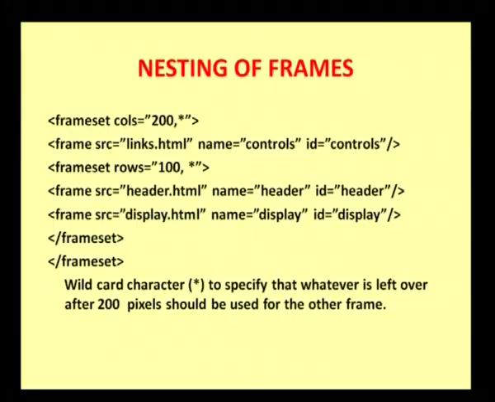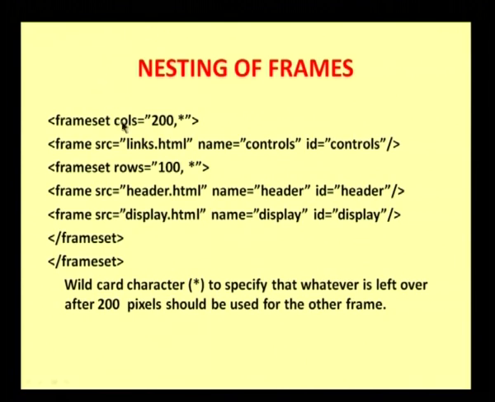Next concept is nesting of frames. Up to this we have seen only frames which have been divided into columns or rows. Nesting of frames is a part of frames in which we can divide the entire frame into two or more frames.